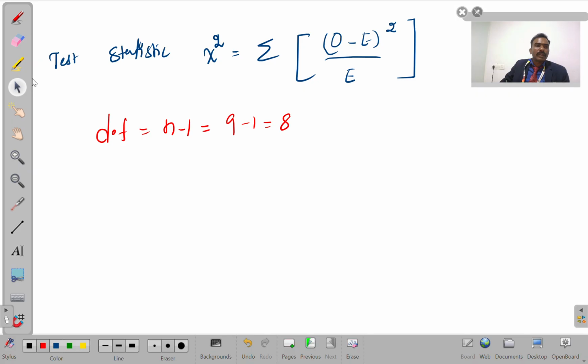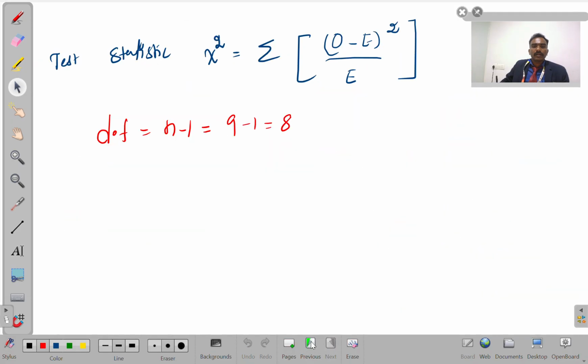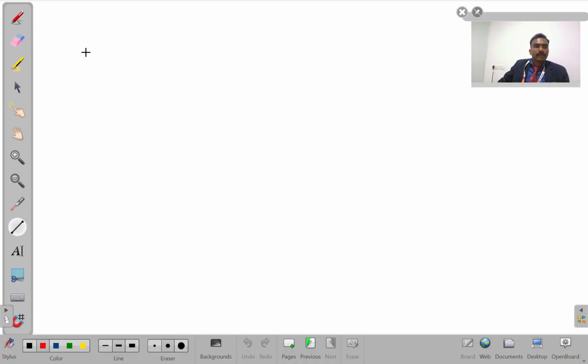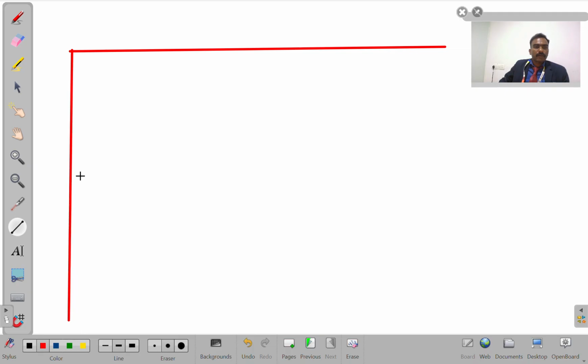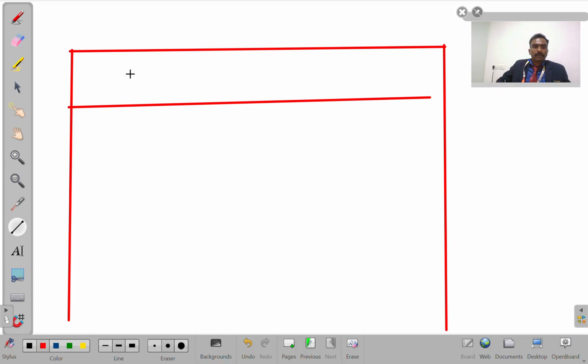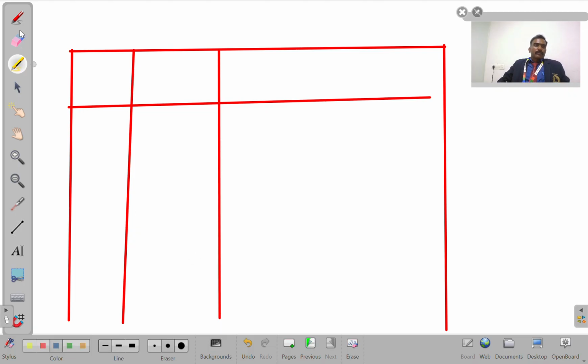For that we can form a table: observed frequency, expected frequency, and observed minus expected whole square by expected frequency.